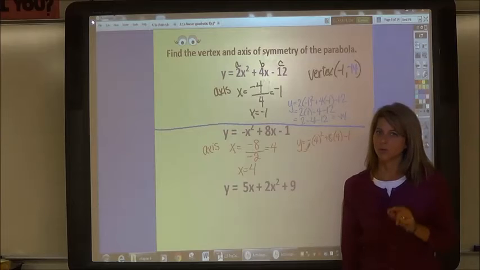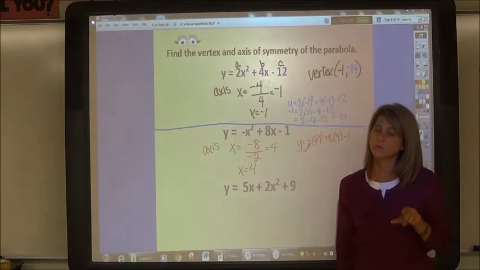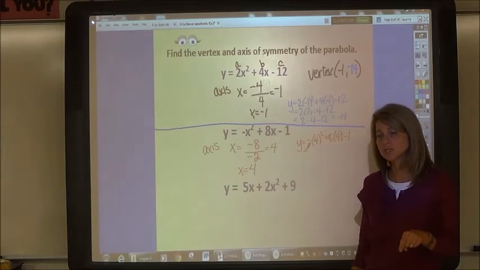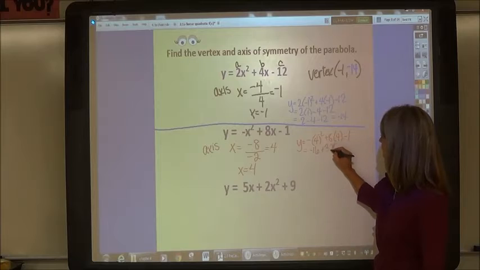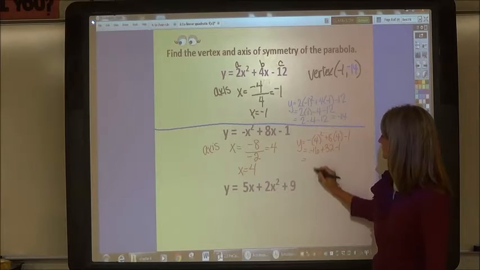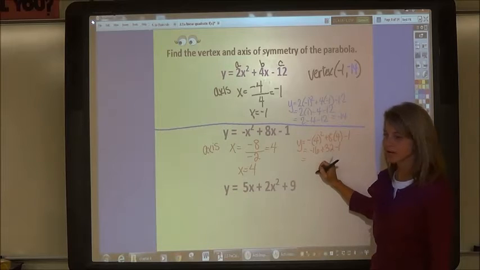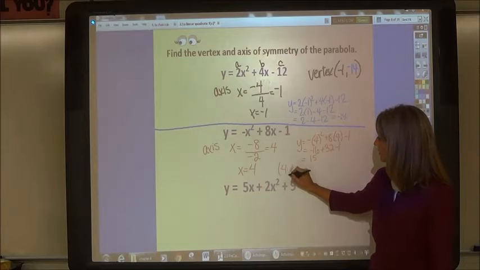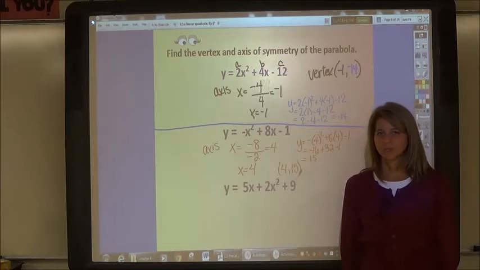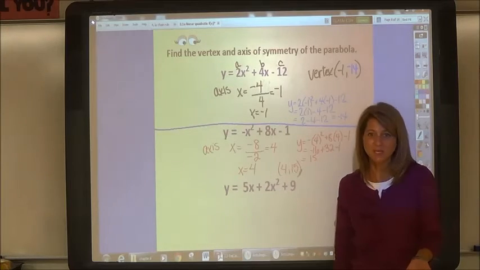Now you know, right? It's not negative times 4 and then square. You have to square the 4 first. So 4 squared is 16, then make it negative. 32 minus 16 is 16, minus 1 more, I got a 15. So I know that my point is at 4, 15. Once you know your axis of symmetry, you have half of your vertex point anyway. It's kind of nice.